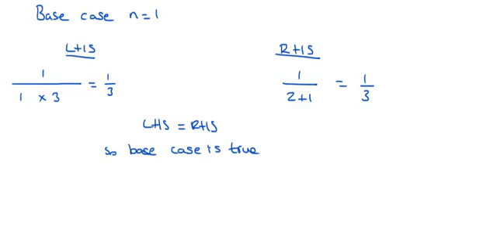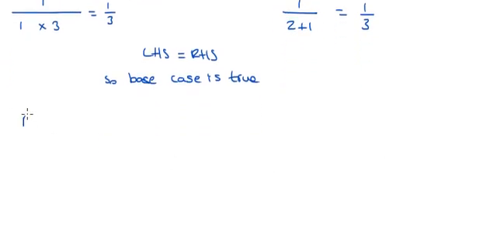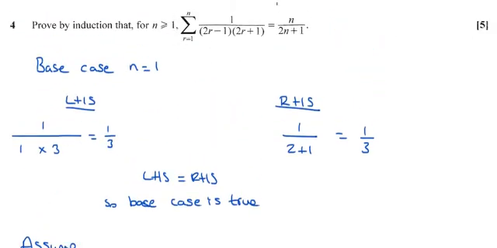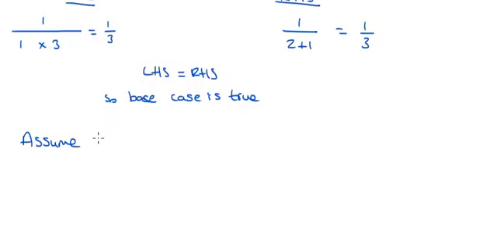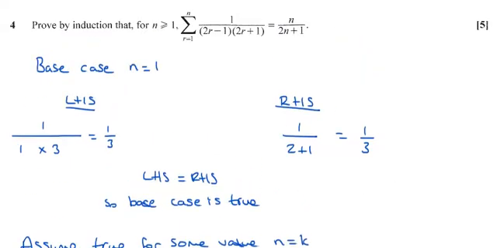Okay, so the next step is we then assume that the relationship that we're given is true for some value k. So we're going to assume that this is true for n equals k.